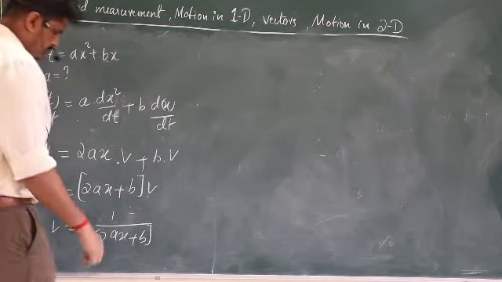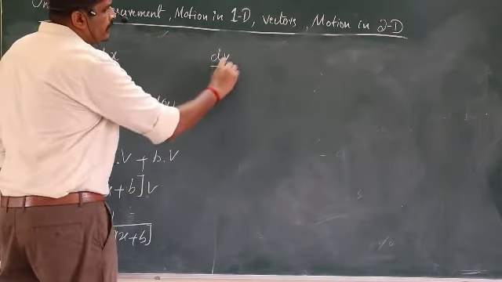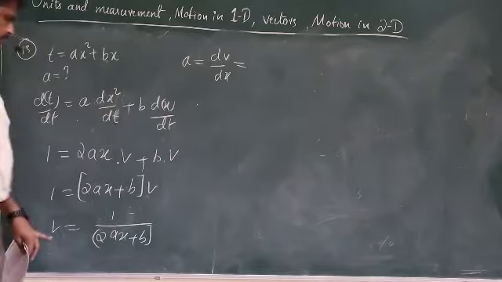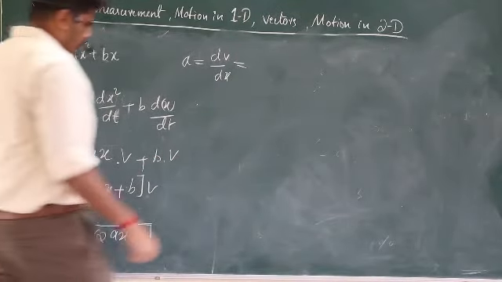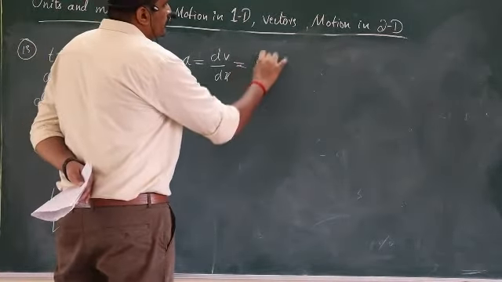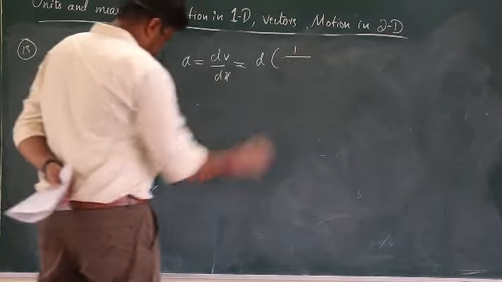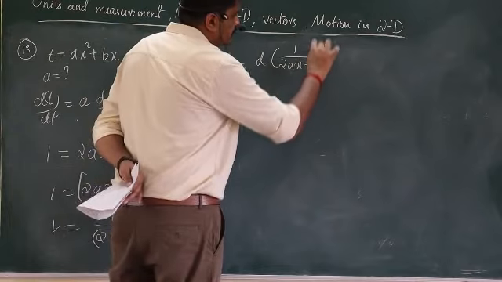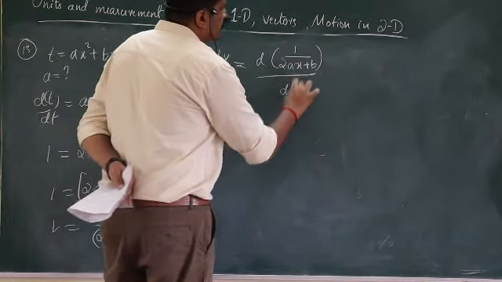Differentiate this one. dv by dx means what? We know acceleration equals dv by dt. So differentiate this one. What do we get here? Differentiation of 1 by 2ax plus b with respect to t.